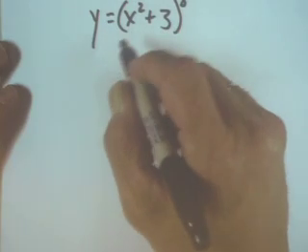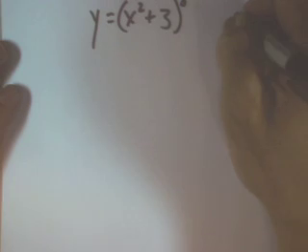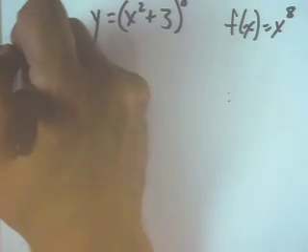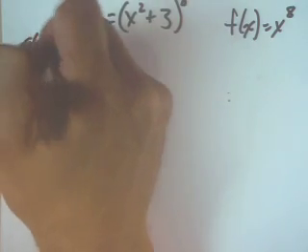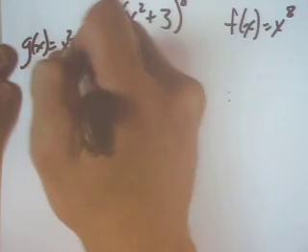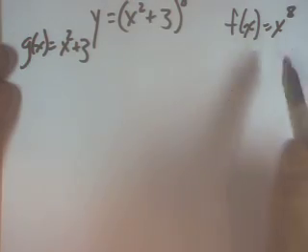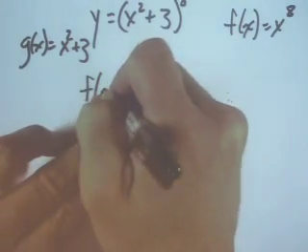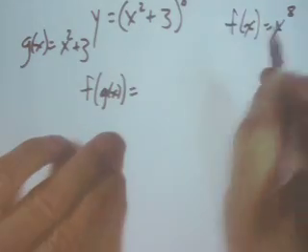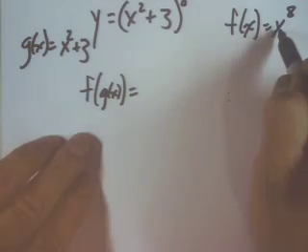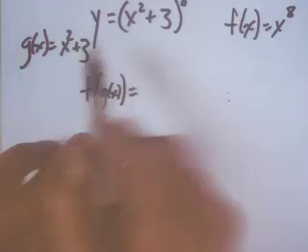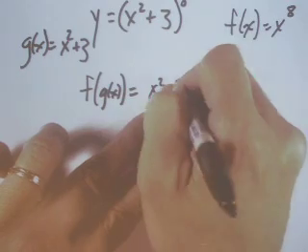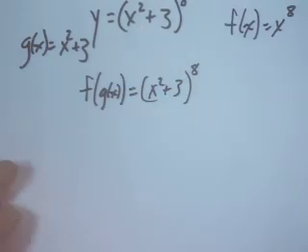We're going to recognize that this function is a composition function. If we let f of x be x to the 8, and we let g of x equal x squared plus 3, we see that f composed of g would equal f, where the input is to the 8th power, but the input is going to be g, and g is x squared plus 3, so (x squared plus 3) raised to the 8th.